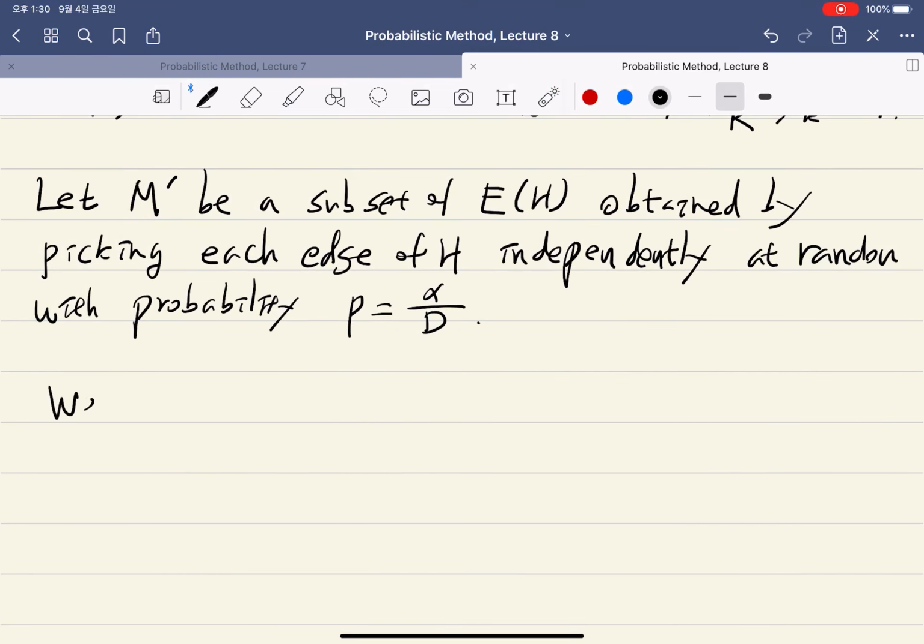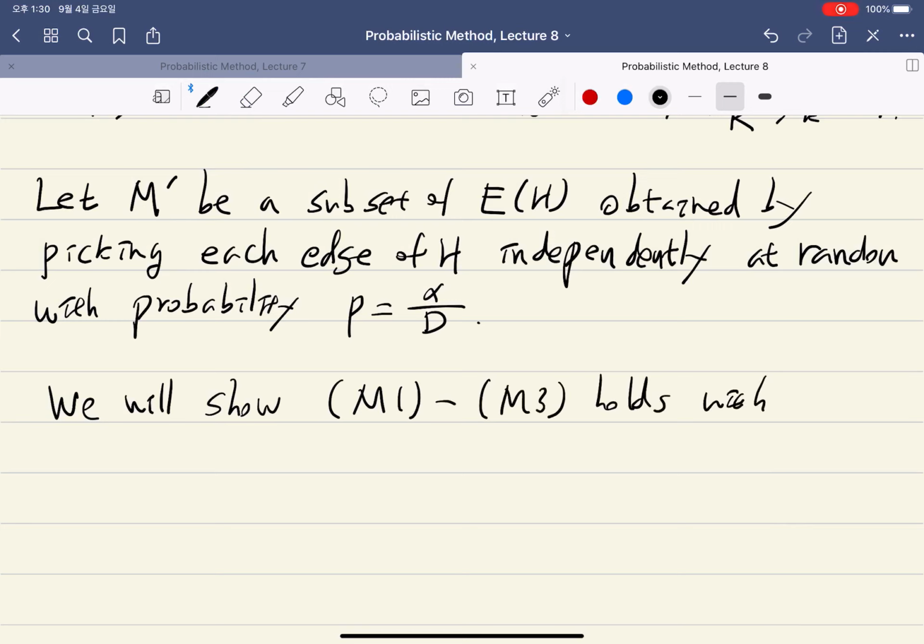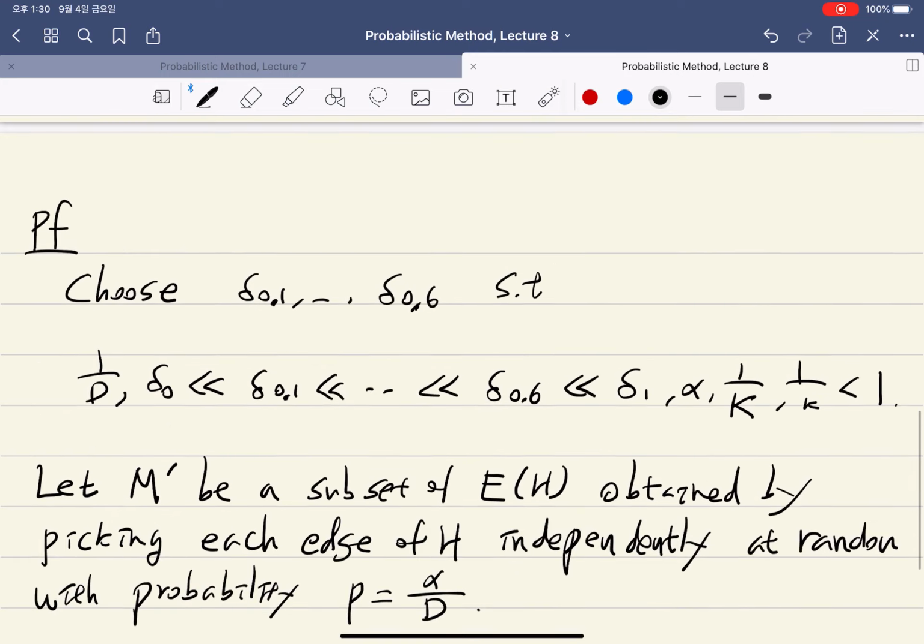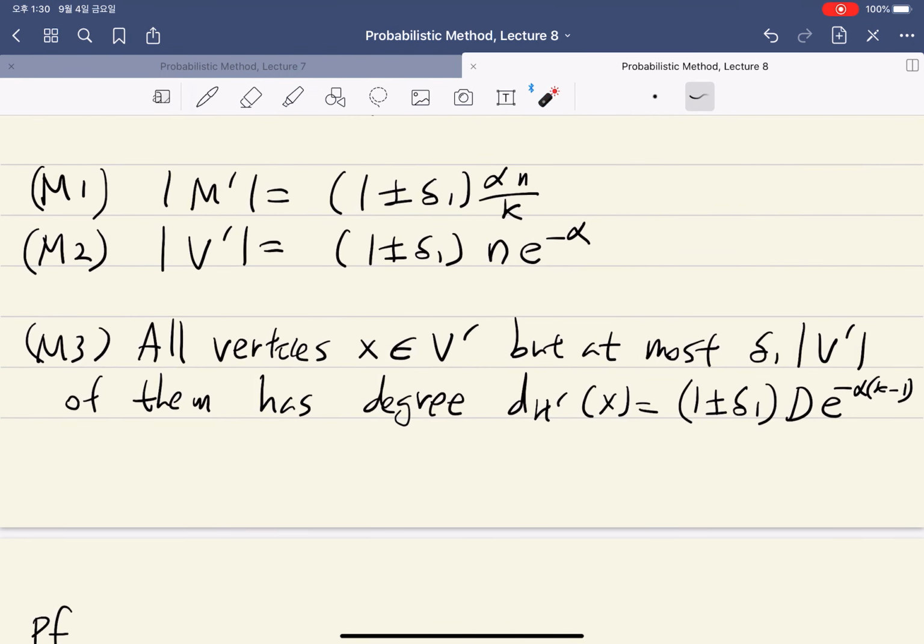And now we will show that the three conditions, M1 to M3, hold with positive probability for this M prime. So we want to check three things. First, the number of edges chosen is close to this number.